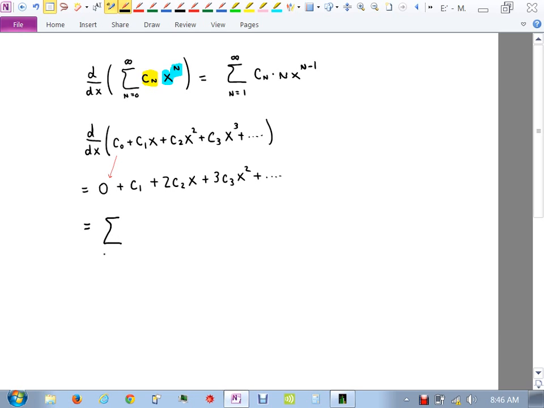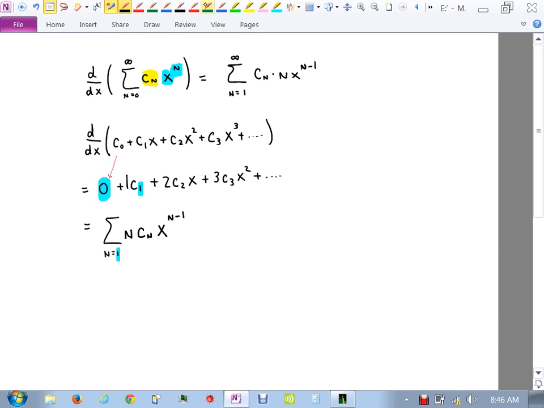Now, we can see from this that we can rewrite this in sigma notation, n starting at 1, and that's because we don't have this term. It's a 0, so we want our index to start here at 1. It'll be c sub n, and then the power on x will be, sorry, I forgot something here. The n came out, there's your n in front. So n c sub n x to the n minus 1.